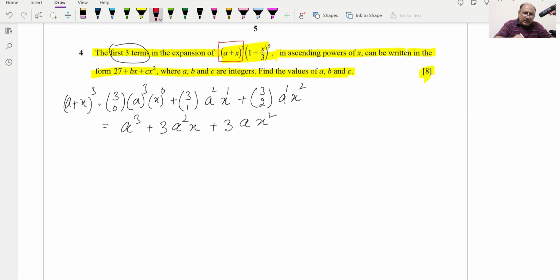Now we can expand the other one, which is this portion. If we expand this, this is (1 minus x over 3) raised to the power 5.